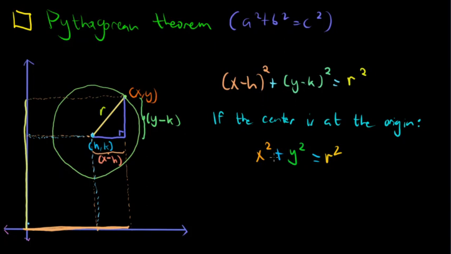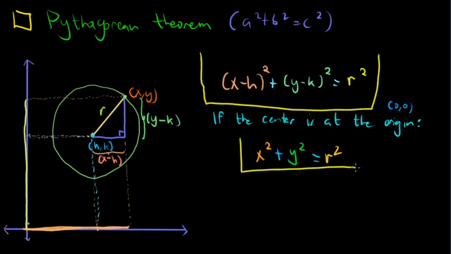Nawala yung h tsaka yung k. Bakit? Kasi yung center mo nga is located at the origin, and we know that the origin is located at 0, 0. So x minus 0 is simply x, y minus 0 is simply y. Yan yung magiging center radius form natin if the center of the circle is located at the origin. Ganyan mo madiderive yung center radius form if you will use the Pythagorean Theorem.